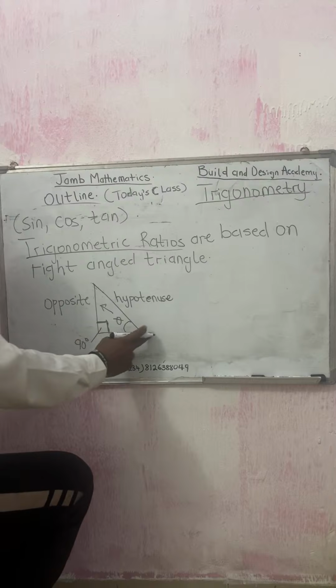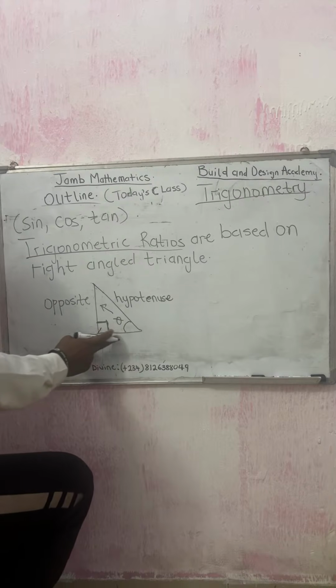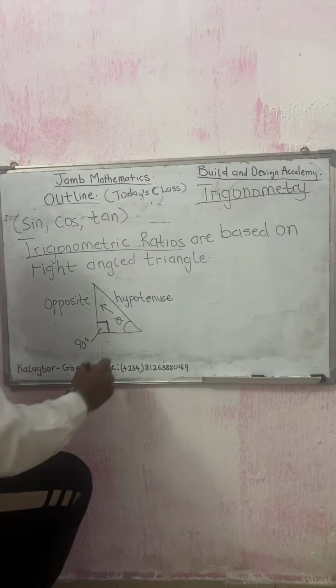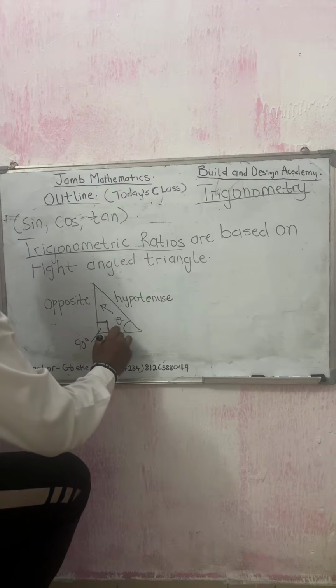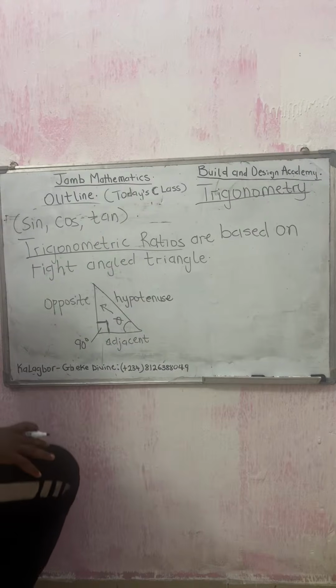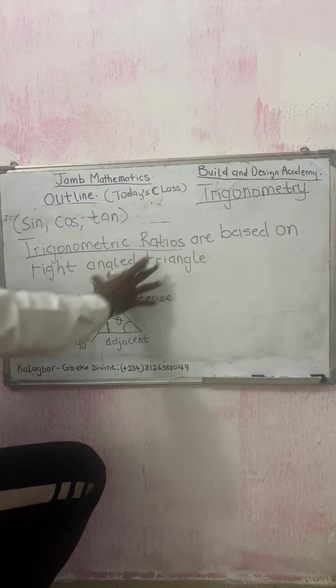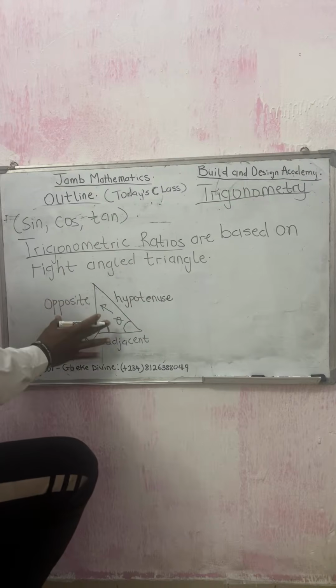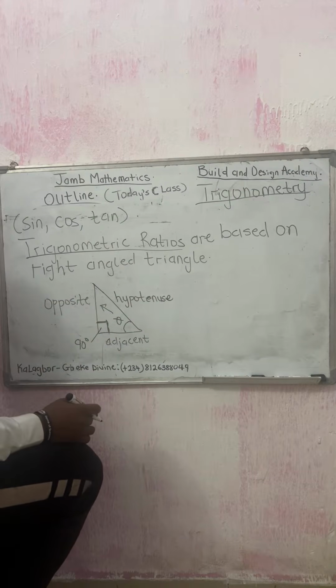Then this part, the base of the right angle triangle, is called the adjacent. Please, you can write this down. So trigonometric ratio is based on this right angle triangle.